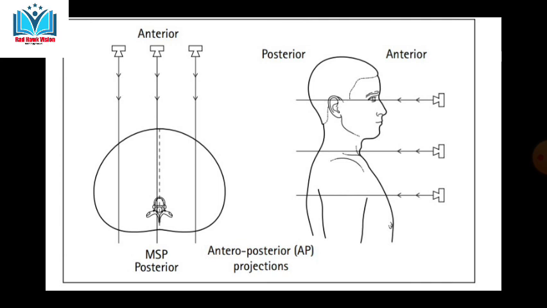So we have the anterior posterior projection. Anterior posterior projection, AP, is when the central ray is incident on the anterior aspect, passes along or parallel to the median sagittal plane, and emerges from the posterior aspect of the body. This is the anterior posterior projection.